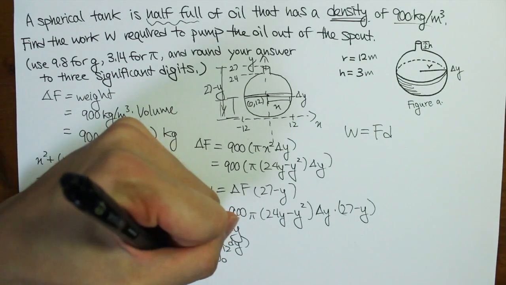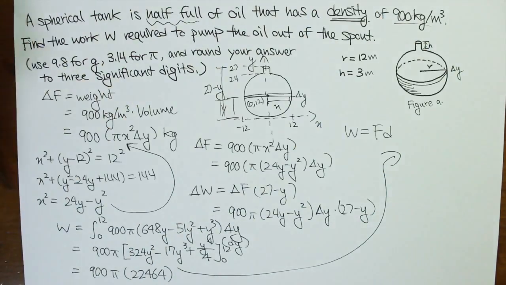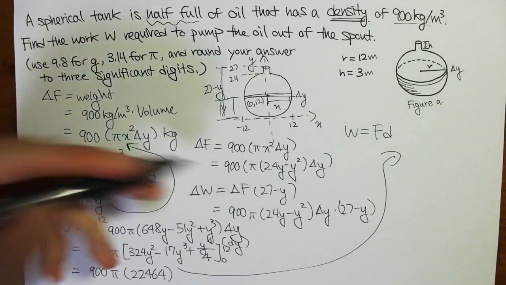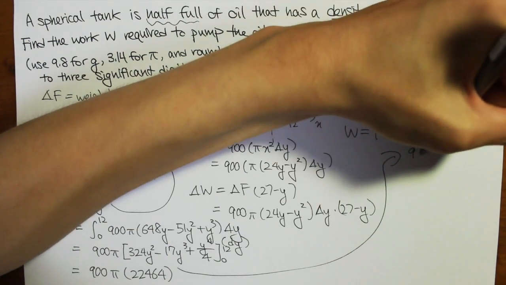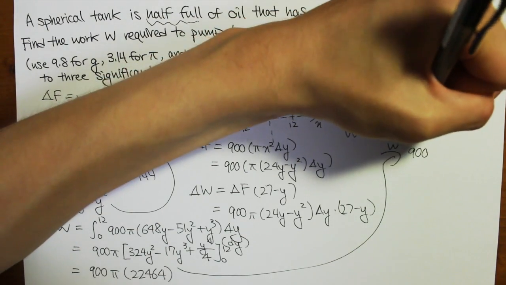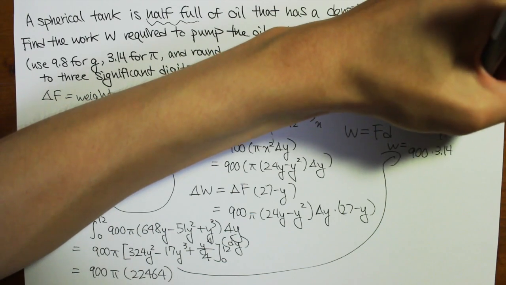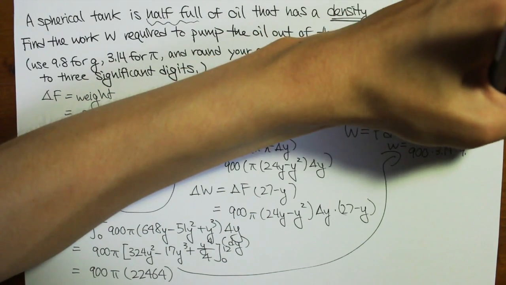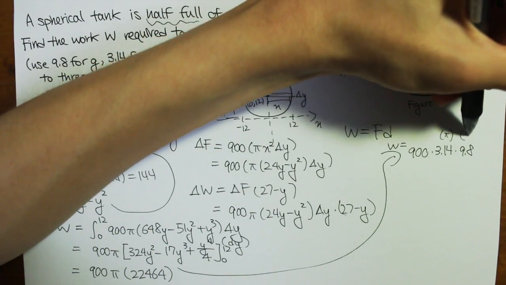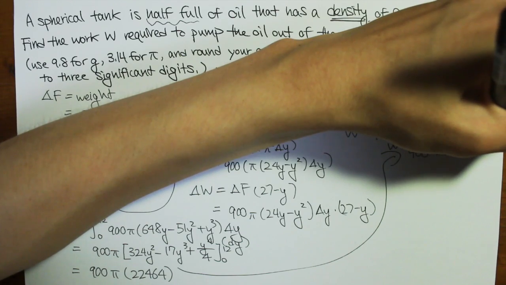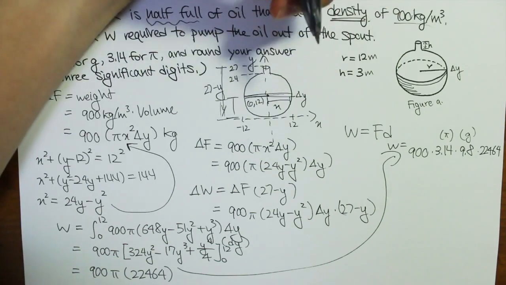Now what do we do with this? We're almost there. Now we add in the gravity, and it says to regard pi as 3.14. So we rewrite the work equation as 900 times 3.14, which is pi, times gravity, 9.8, times 22,464.